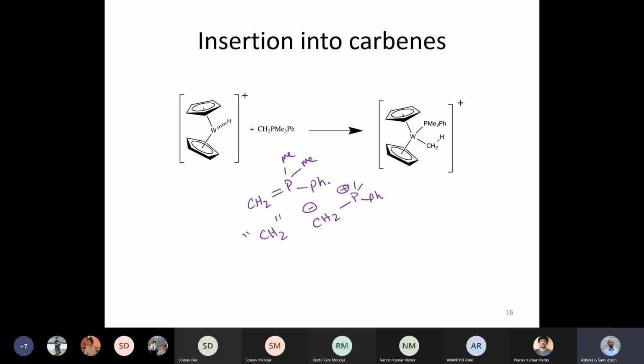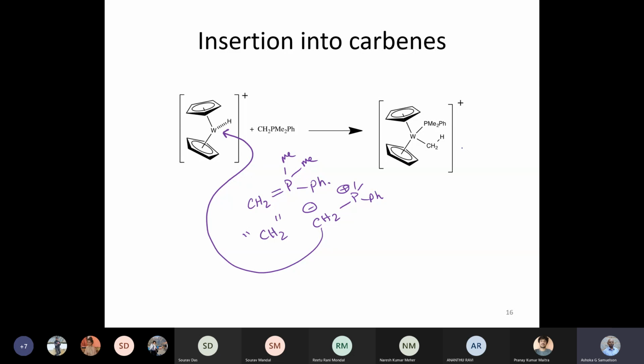So it is not surprising that this negative charge makes an attack on the tungsten, and it results in an intermediate. The final product is what I have written here.